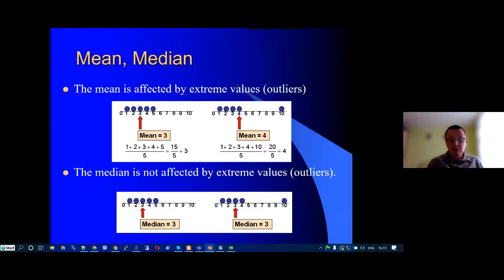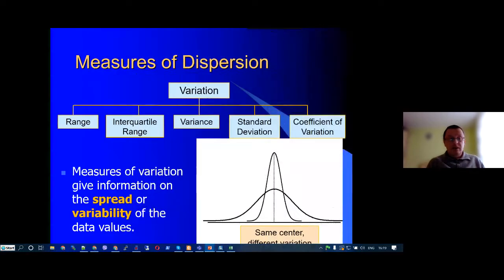But in this specific case, the median will not be affected and remains at the same value. So the combination of mean and median reported for a specific data set could give us information about the shape of the distribution and about the presence of outliers in this case.